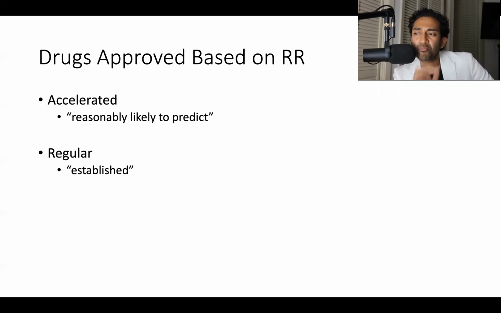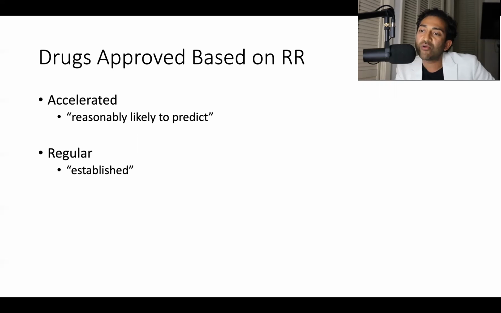So when drugs are approved on the basis of response rate, there are 2 ways you can approve them. You can give it the accelerated approval. In this case, what you're saying is the response rate is, quote, reasonably likely to predict. The statutory language is clear. A surrogate used for accelerated approval means that surrogate is, quote, reasonably likely to predict clinical benefit, which means survival and quality of life, in my opinion.